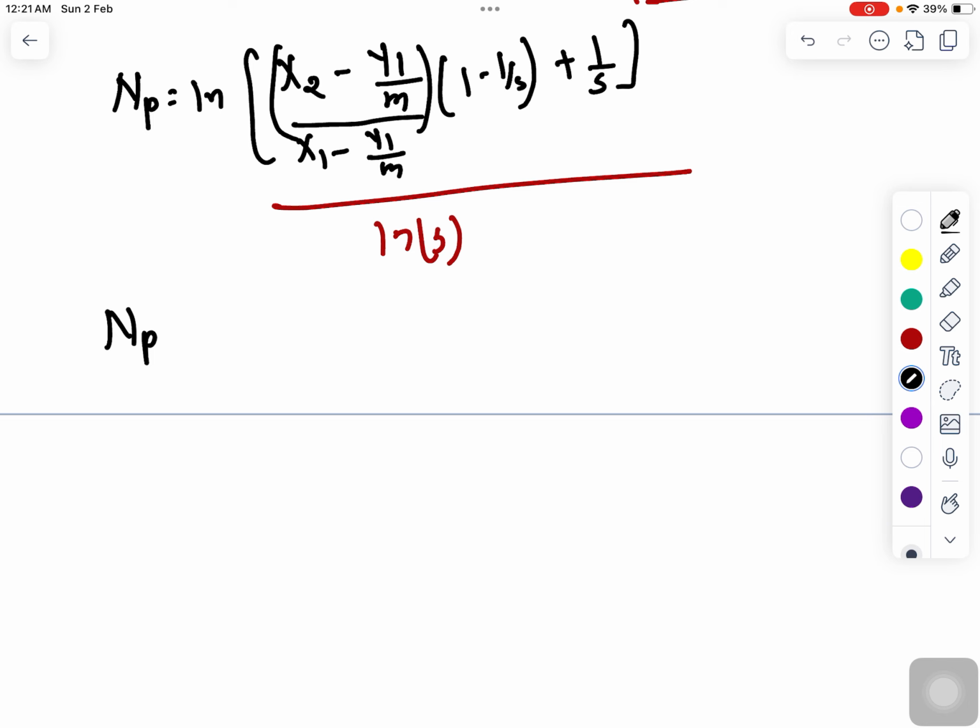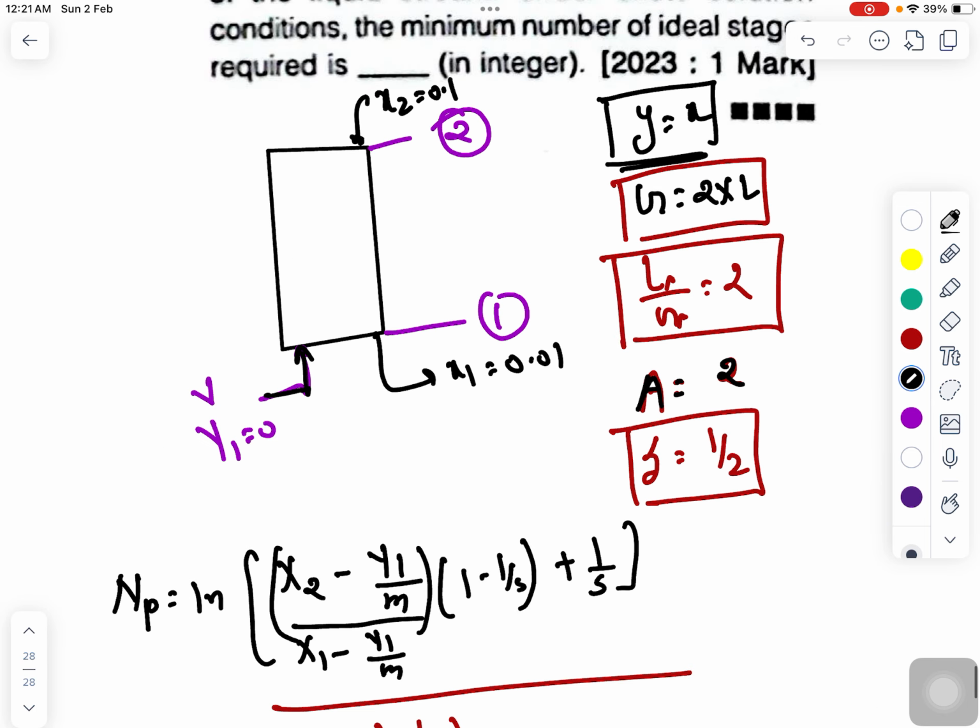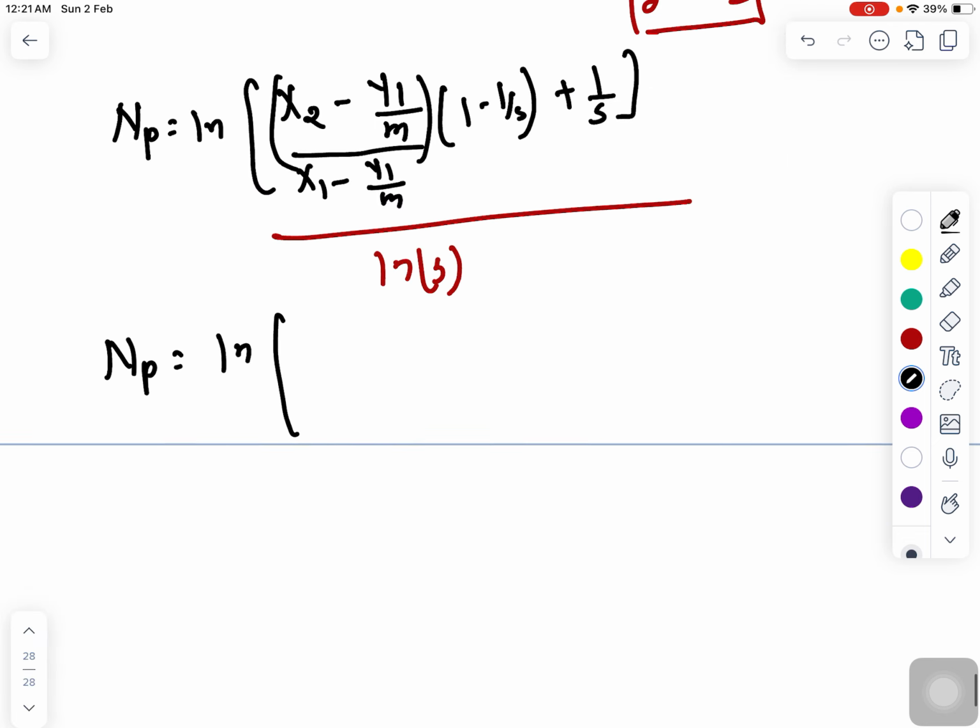Now you will substitute the values. What is x2? Because this is a dilute system, small x2 and capital X2 will be the same.